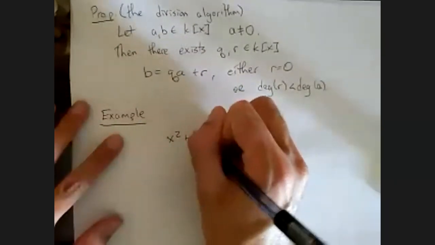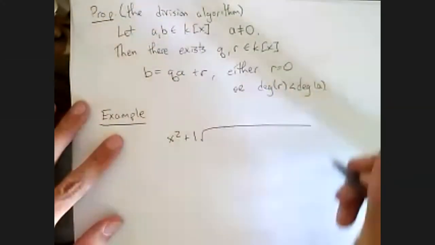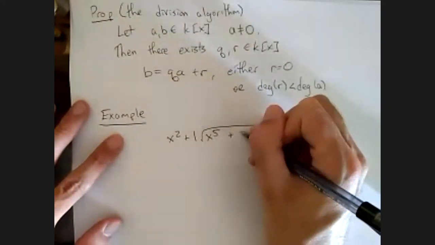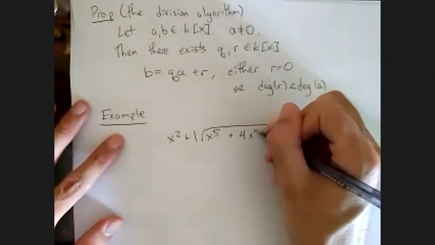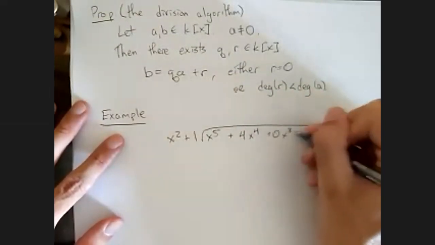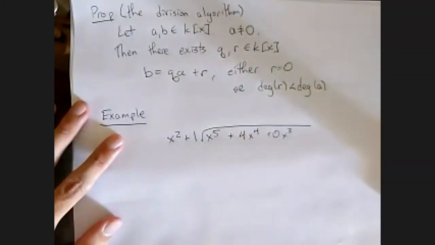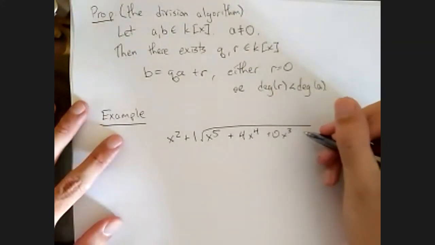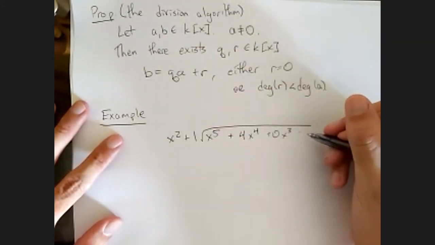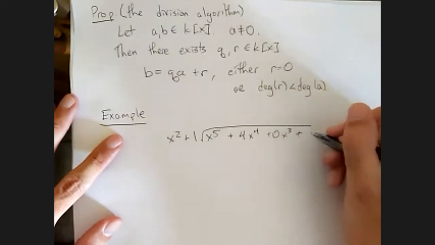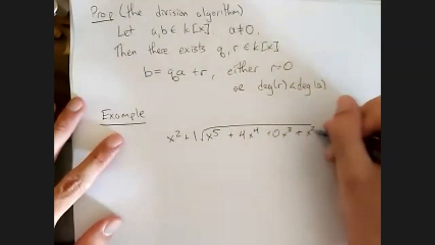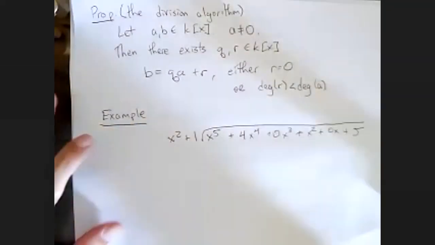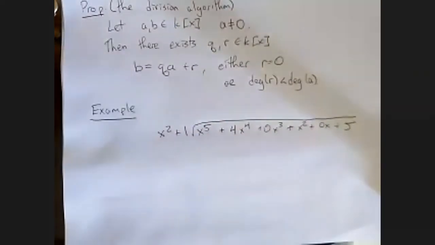I want to divide x squared plus 1 into some polynomial. Let me write down this polynomial, and after this example, I guess we should probably take a break.